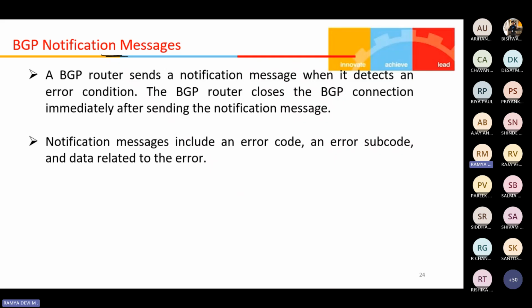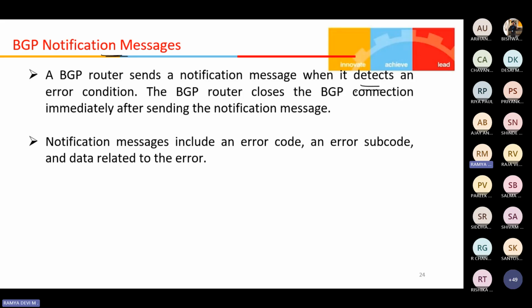Notification is for errors. When the BGP router detects any error, a notification, an error message, will be sent. Whenever the router gets the notification message, it will close that particular BGP connection.